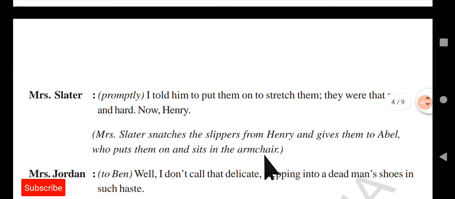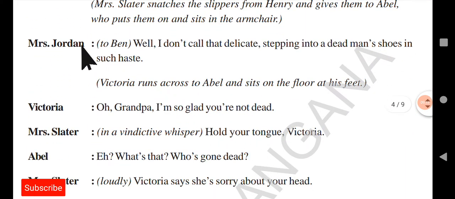Next, Mrs. Jordan says to Ben, "Well, I don't call that delicate, stepping into a dead man's shoes in such haste." Victoria runs across to Abel and sits on the floor at his feet.